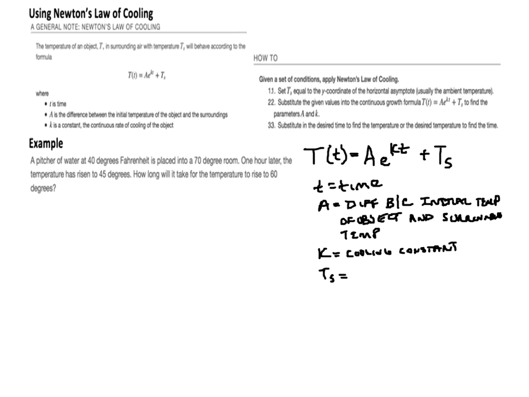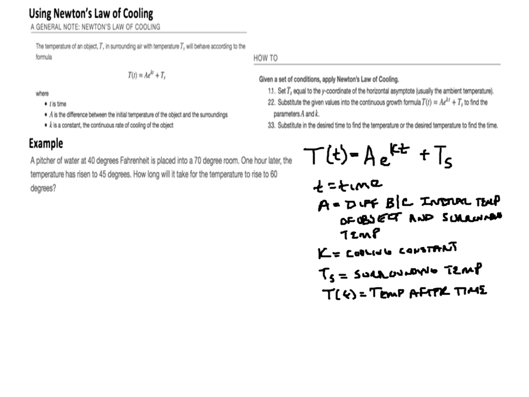And T sub S is the actual surrounding or atmospheric temperature. And T of t is our temperature after time t, once the object has been taken from one place and put into a different temperature setting.